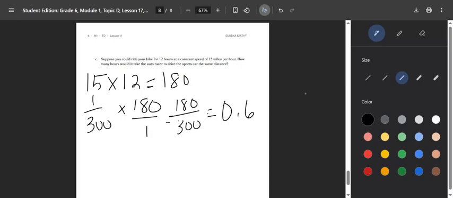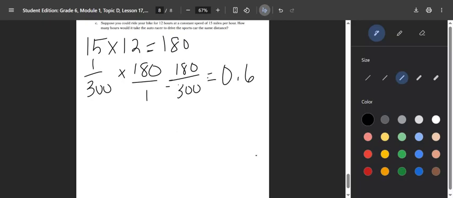Or if you simplified that fraction, you would get 6 over 10. So it would take the auto racer 6/10 hours to drive the sports car the same distance that I ride my bike in 12 hours.